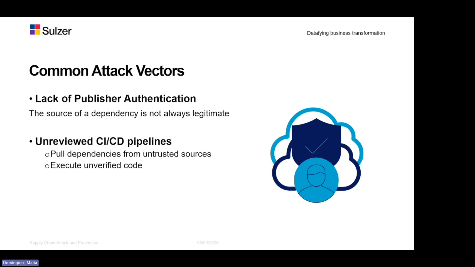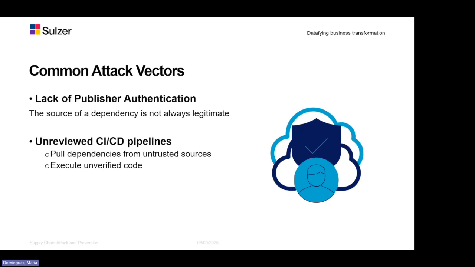Many package managers don't verify the identity of the publisher. So if we are going to download a library, we don't know if it comes from a legitimate person. So it can lead us to some vulnerabilities.